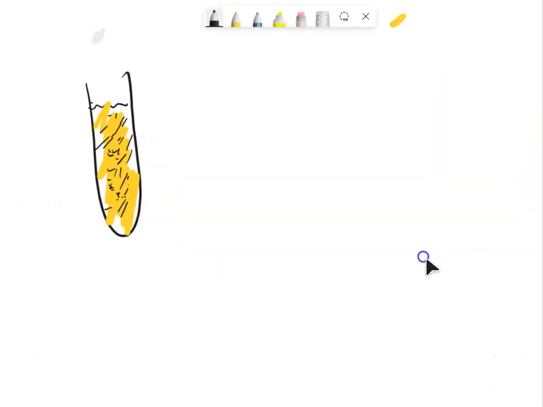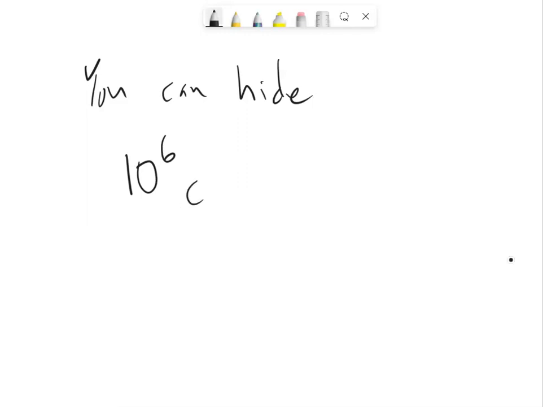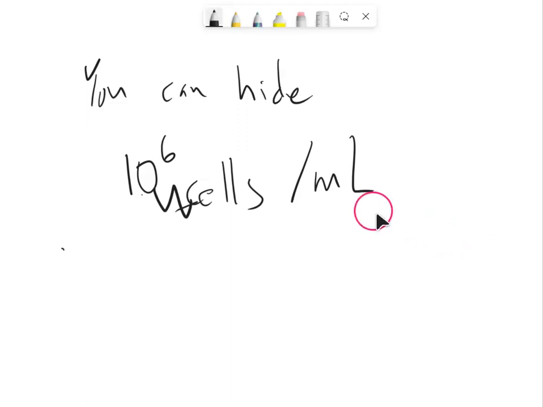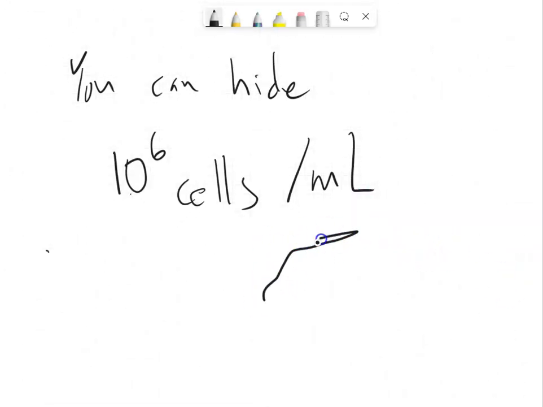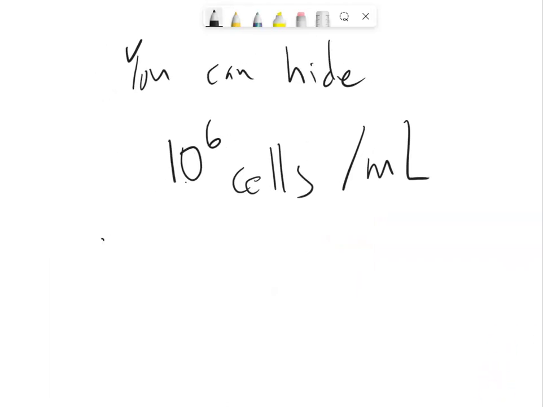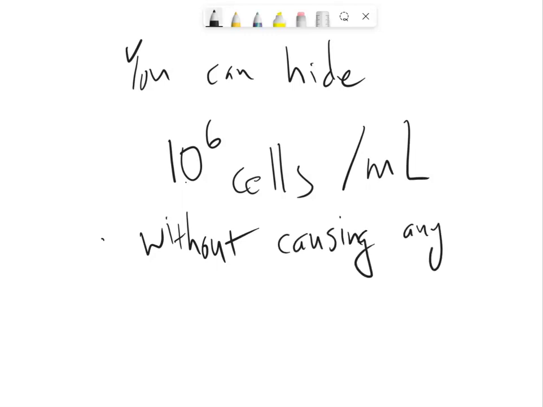In fact, you can hide 10 to the 6th cells per milliliter without causing any turbidity at all.